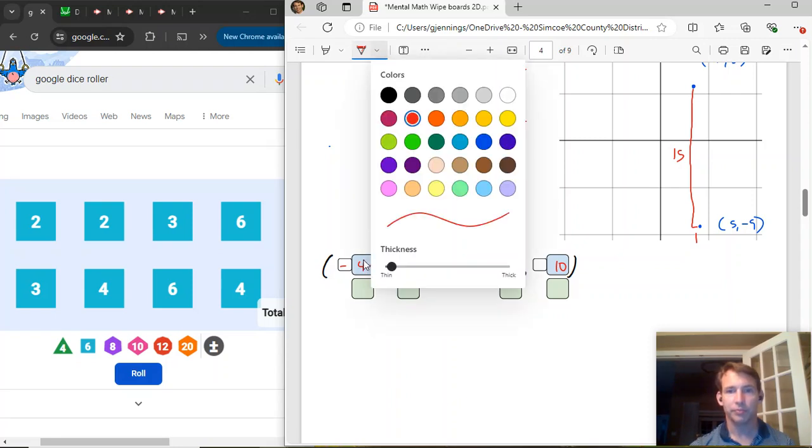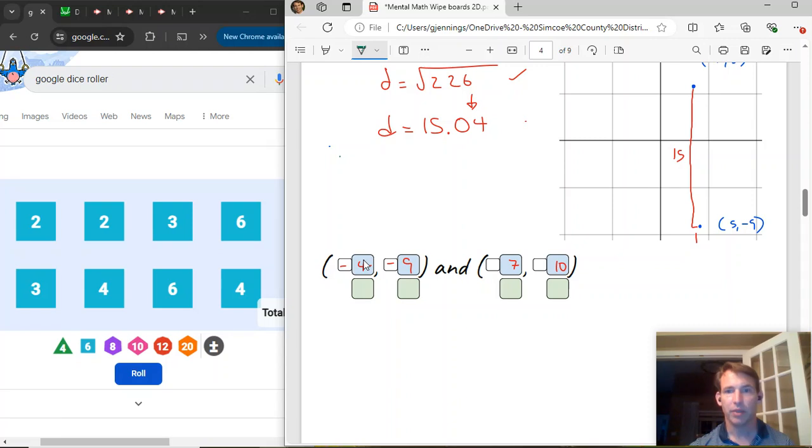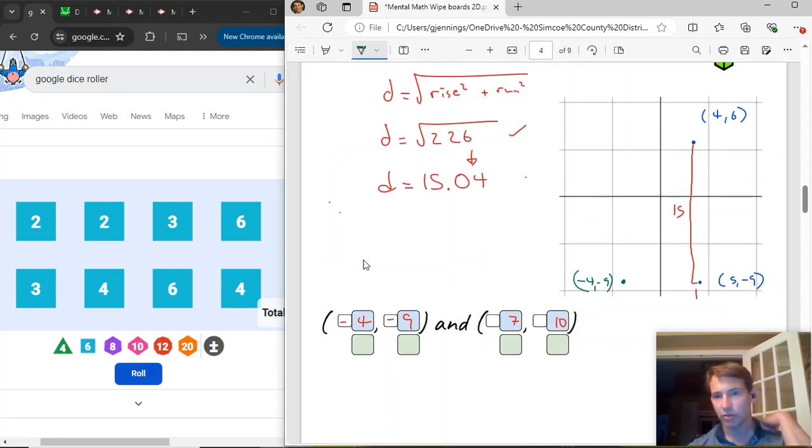So now let's put that on in green, let's say. So negative 4, negative 9 is down here. So visualize these. And then the point that we're going to, 7, 10, is up there, let's say. So this is our hypotenuse.